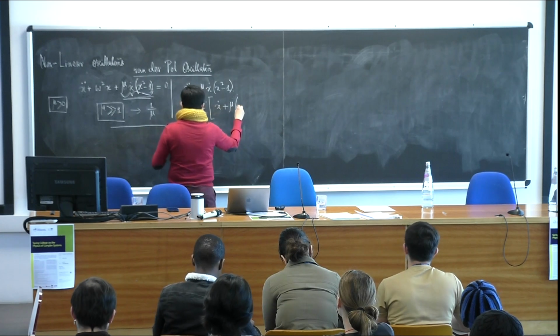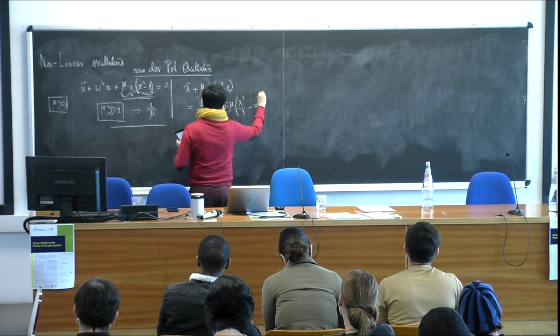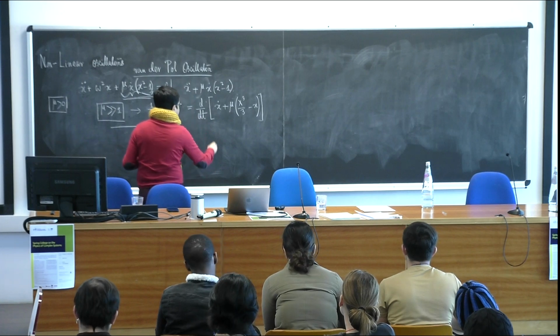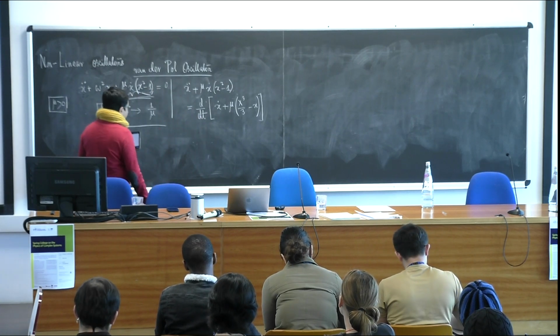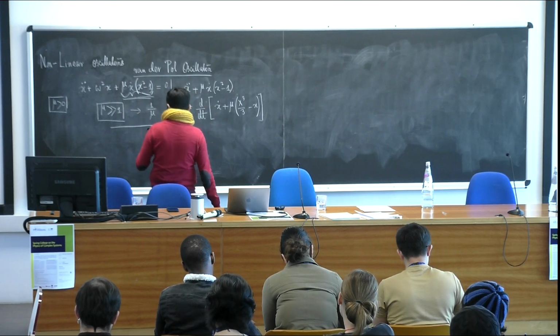So this is just algebra, just an observation. It doesn't solve the problem, it doesn't make my life simple, but I still do it. Okay, because you just differentiate, you really get this one.